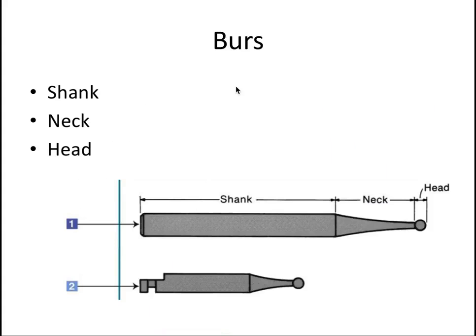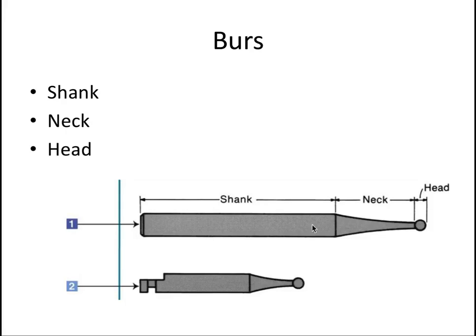So that's the handpiece. Now let's talk about the burrs that go into the handpieces. So the burr has its own anatomy, and it consists of the shank, which is the actual part that's inserted into the head of the handpiece, the neck, which transitions to the head, which is the actual cutting part of the instrument.